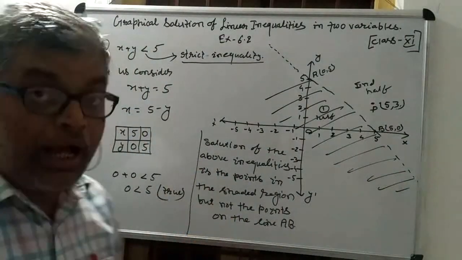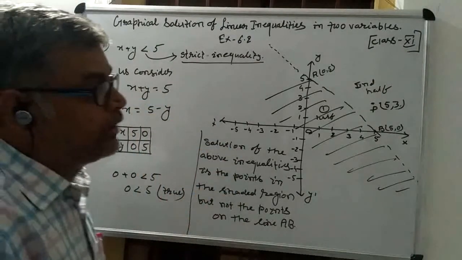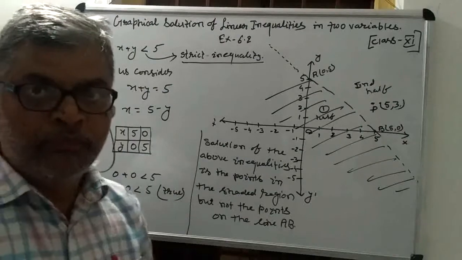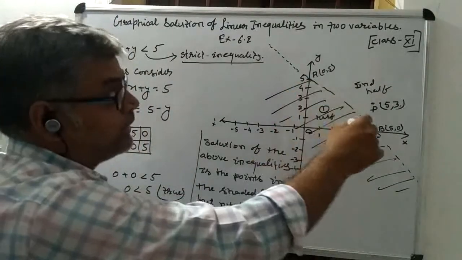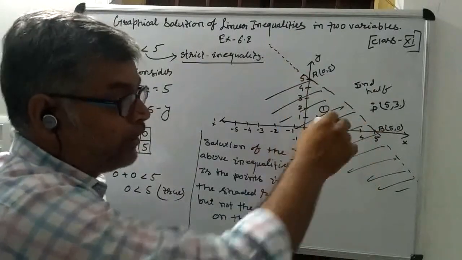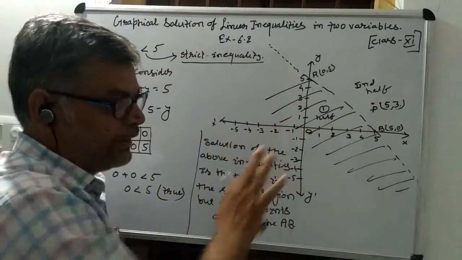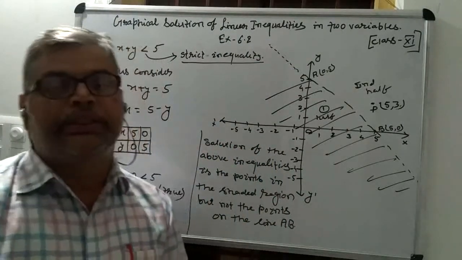So that's why I suggest you, when there is a case of strict inequality, draw a broken line, not a complete line, because the points lying on the line will not satisfy the solution of this inequality. So in this method you can solve this type of question.